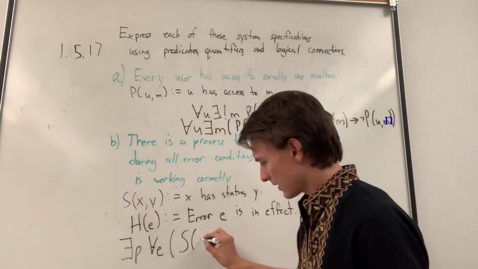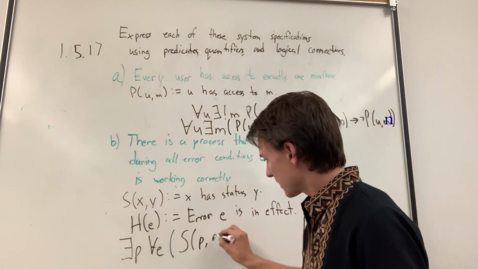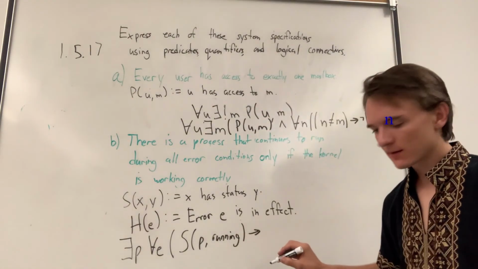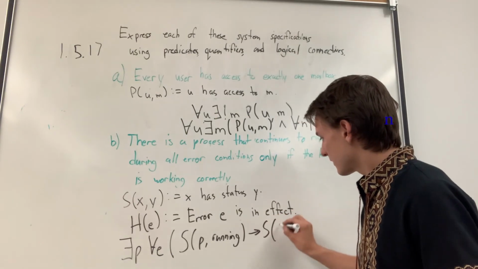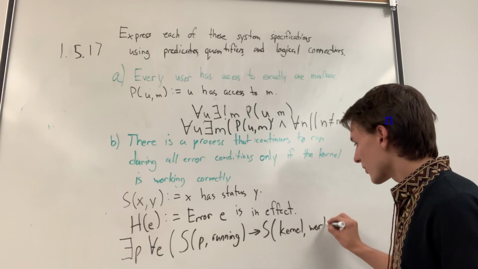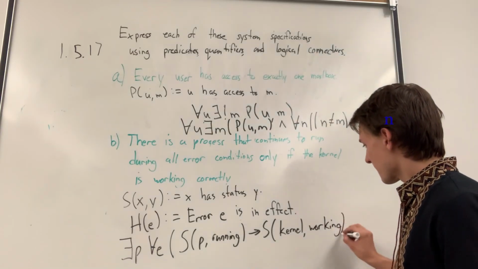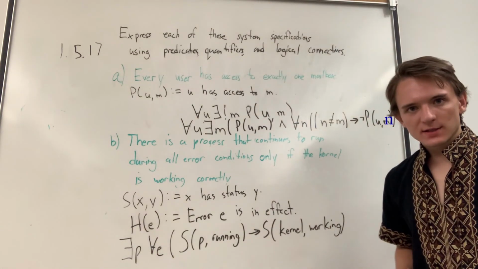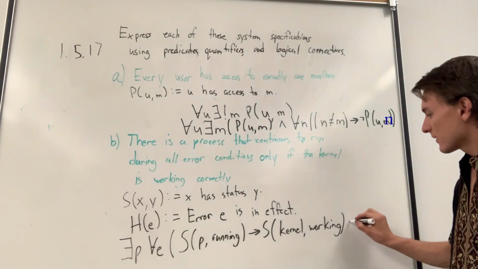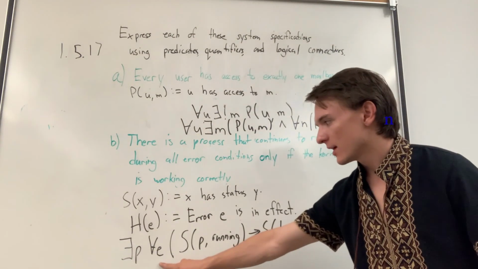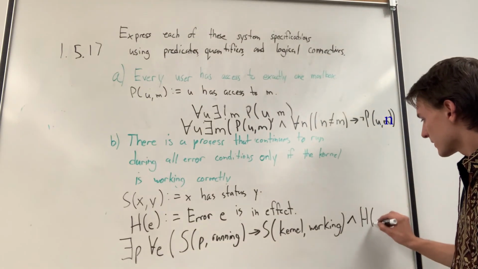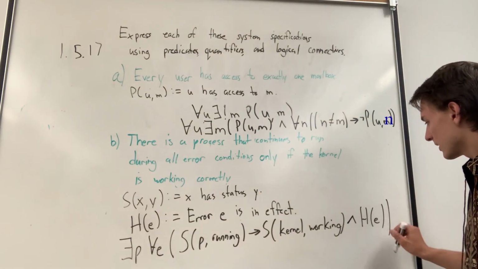If that process is running, then this implies that the kernel has the status of working correctly. All of this is holding true at the same time that any error, the error e, is in effect. And operator H(e).